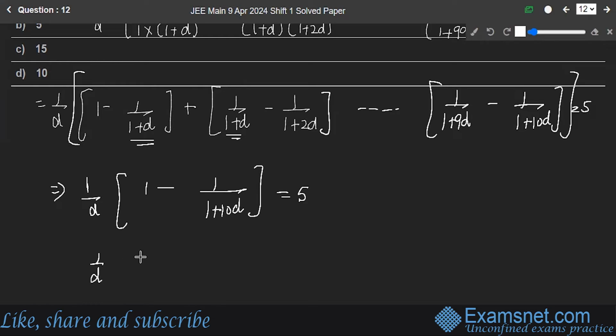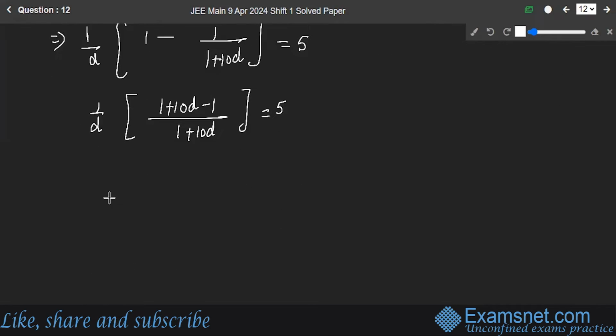So 1 upon d into (1 plus 10d minus 1) upon (1 plus 10d) is equal to 5. Or you have 10d is equal to 5 into (1 plus 10d) upon d. This d and this d will cancel.